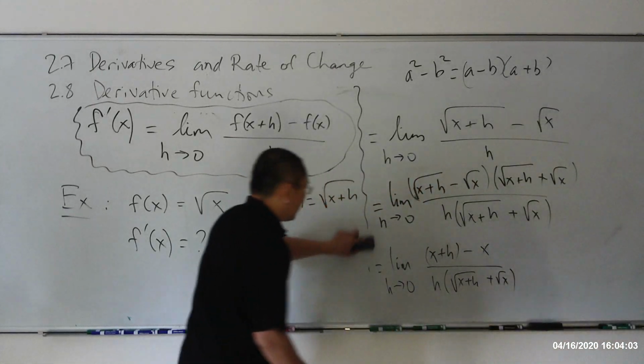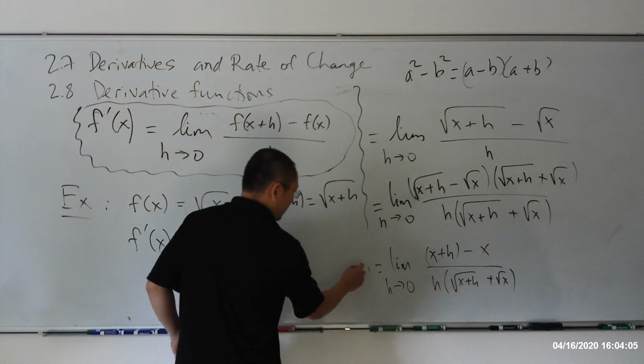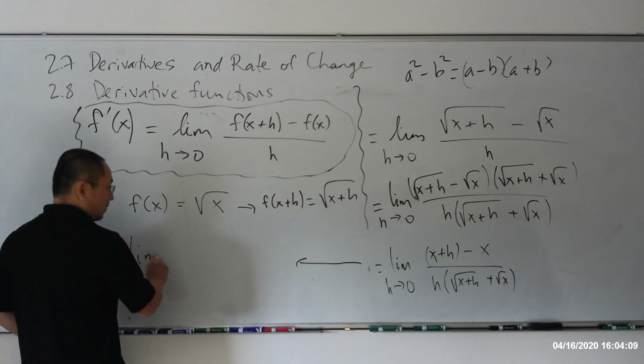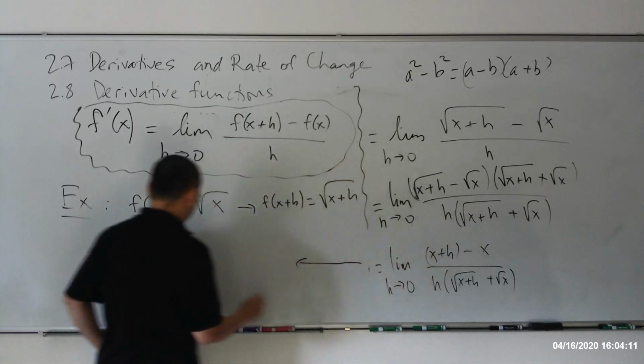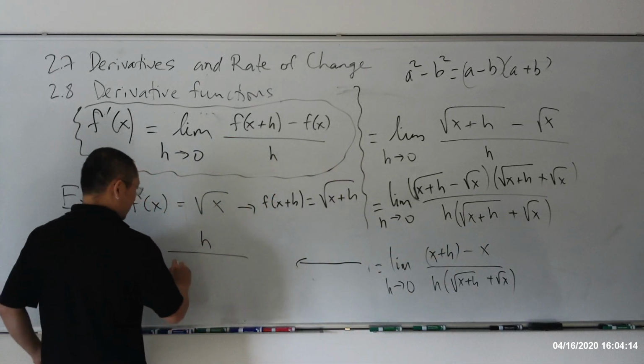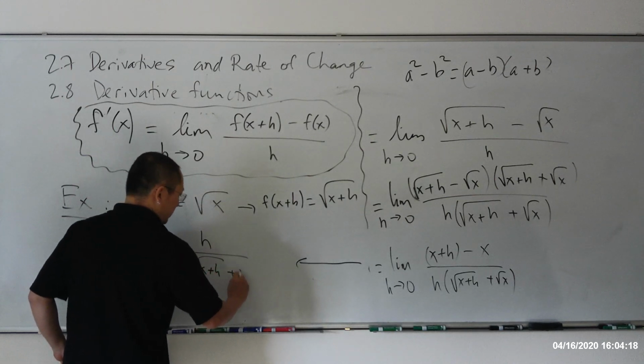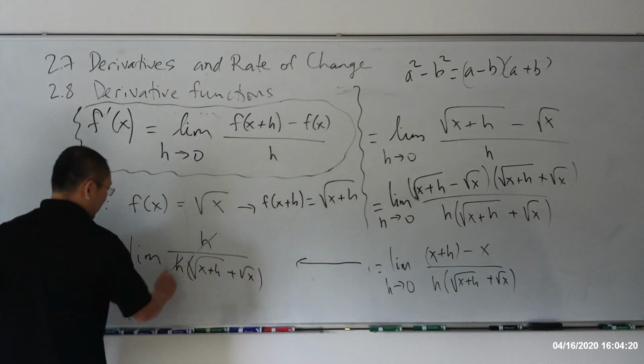Let me write this way in my outer room. Make sure you guys see it. The top is going to be what? X plus h minus x is just h, over h times square root of x plus h plus square root of x. I can cancel out the h.